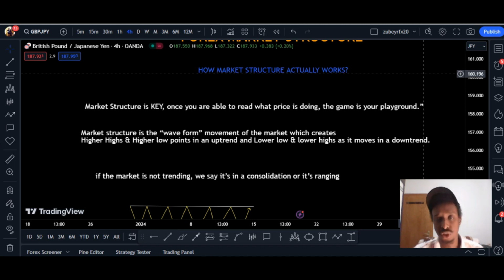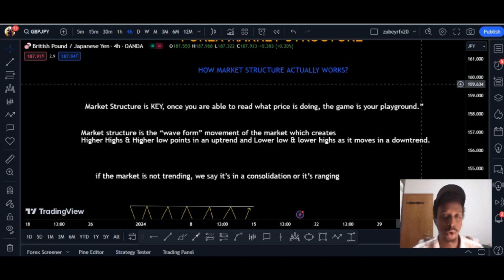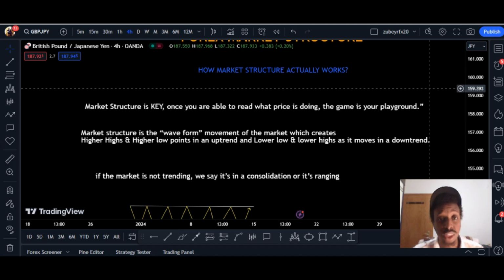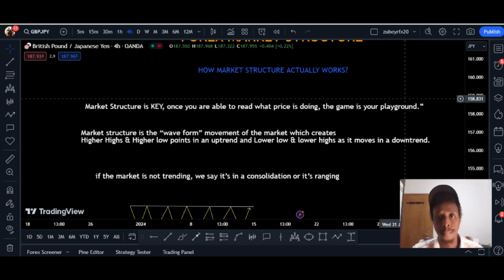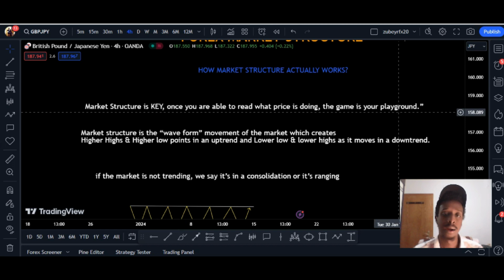So market structure, if we explain deeply what it is, is the wave form of the market, the movement of the market, which creates higher highs and higher lows in an uptrend, and also lower lows and lower highs as it moves in a downtrend. Sometimes the market is not moving.